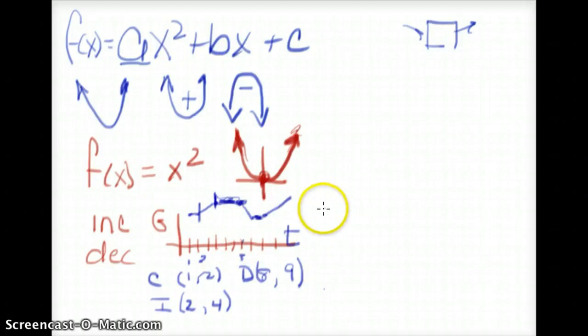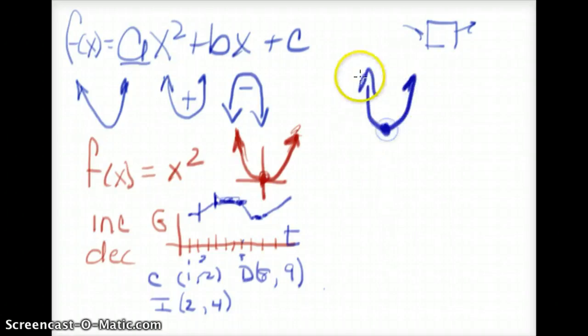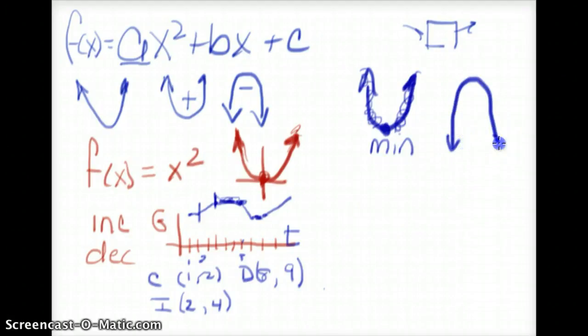So on a quadratic, the function looks like this. Remember, it's like a valley, so it's going to be decreasing to that point, and then it's going to be increasing here. We're going to call that the minimum. And of course, the other shape works the same way.